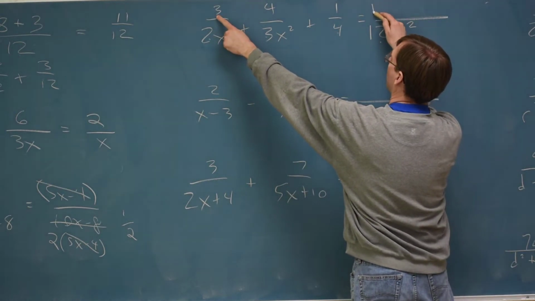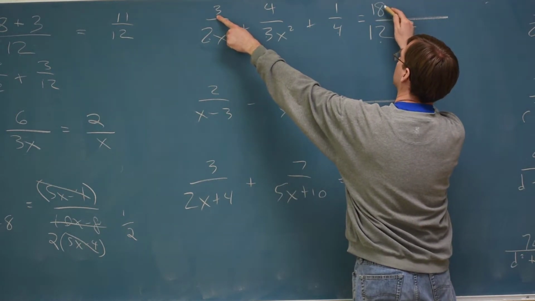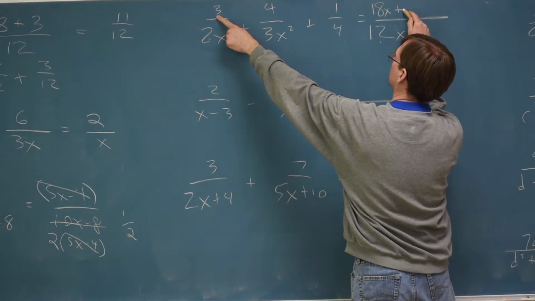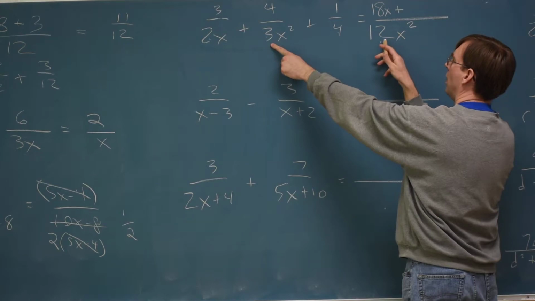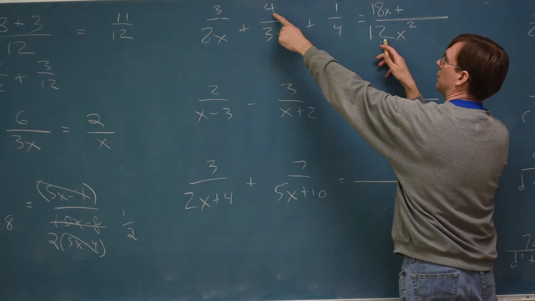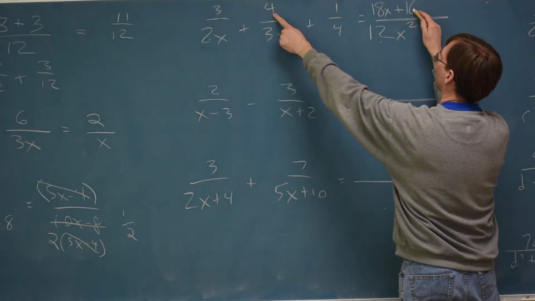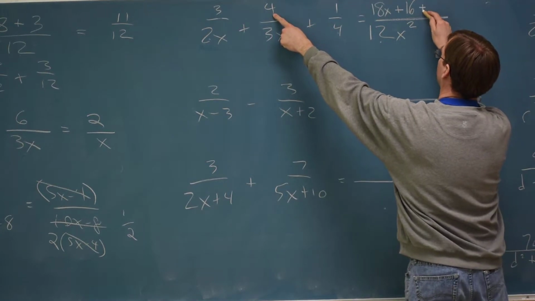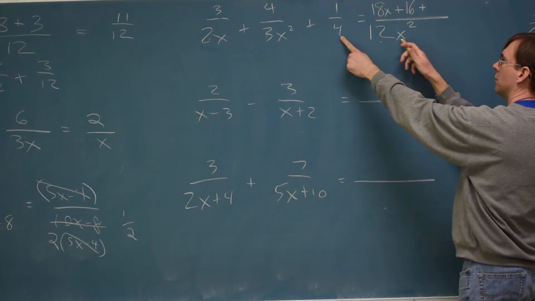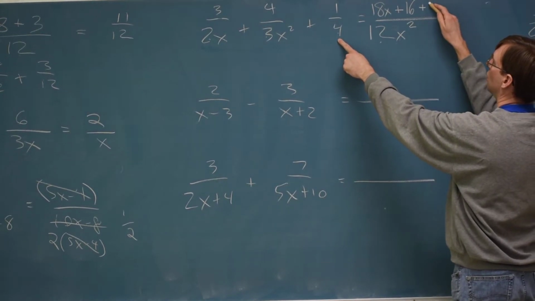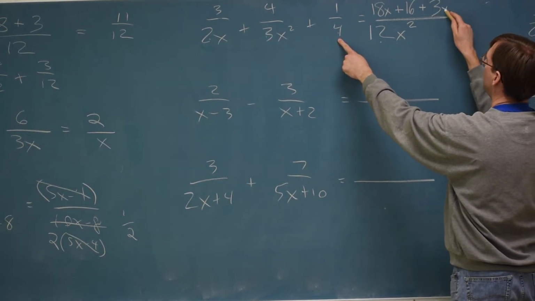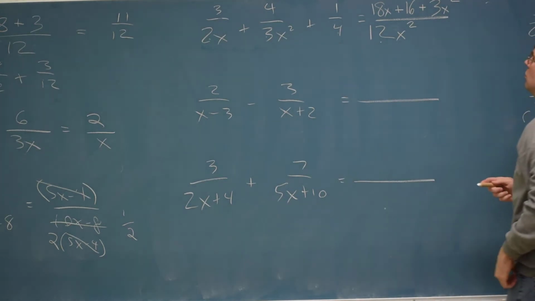So on top, 3 multiplies by 6 and gains an x. In the middle, 3 multiplied by 4, but the x's are good. So on the top, we multiply by 4, and we're good. In the third group, we multiply by 3 and have 2 new x's. So 1 multiplies by 3 and gets 2 new x's.